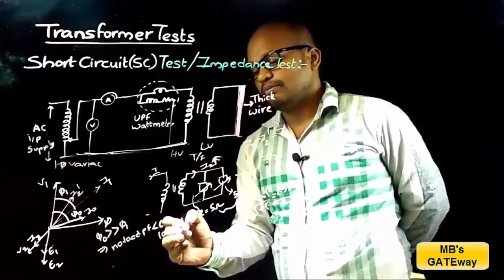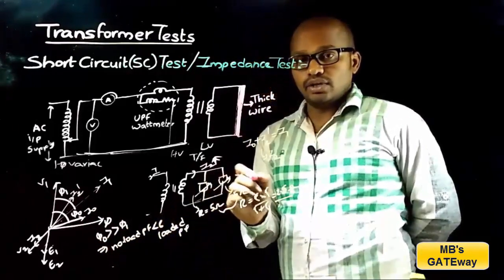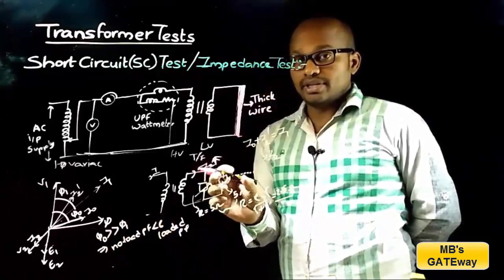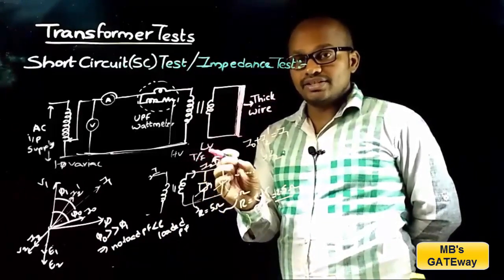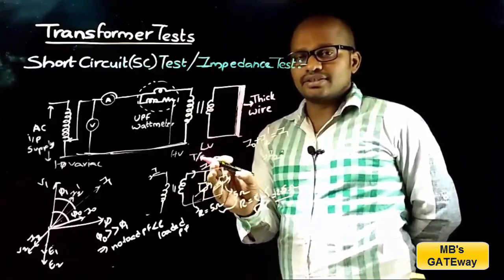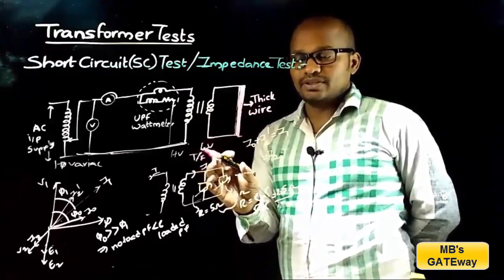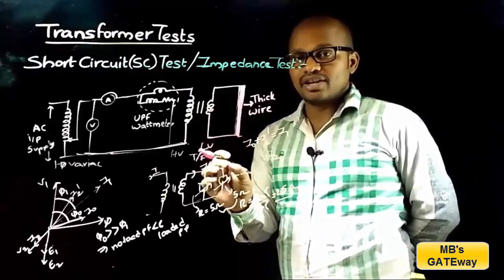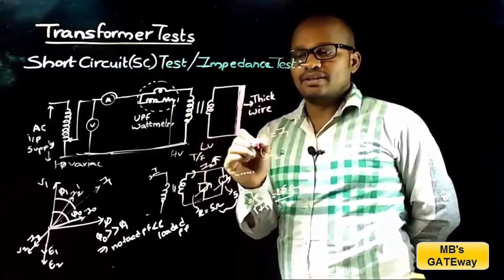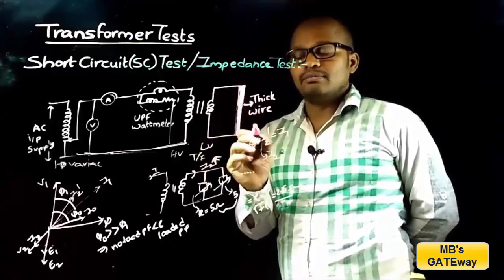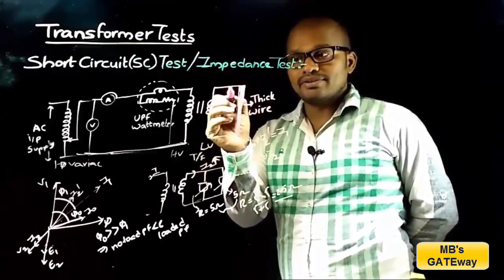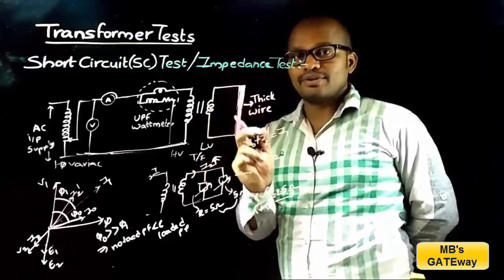loaded power factor, and at full load condition the effective impedance value is very low, which implies the current is very high. That is, let's consider full load. So at full load the maximum current flows in the transformer, and short circuit can be considered as the full load condition, because by short circuiting, maximum current will flow in the transformer secondary.